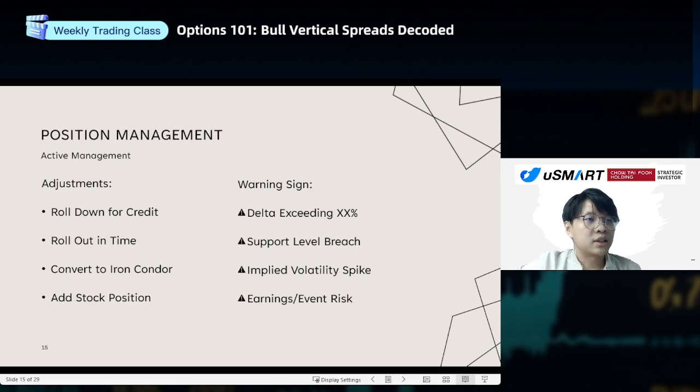So if a certain technically very important support level is broken, you might need to consider adjusting your position. And the third one is the implied volatility spike. If volatility increases, it means higher risk. And the last one is the earnings or event risk, because it's also related to the third point, whereby earnings and events will increase the volatility and hence increase the risk of your position.